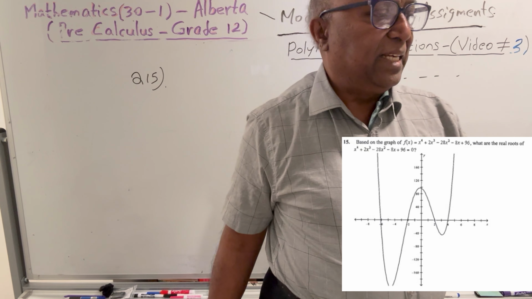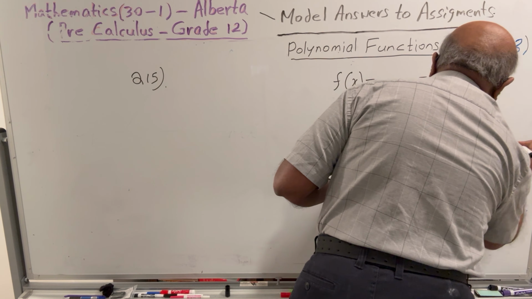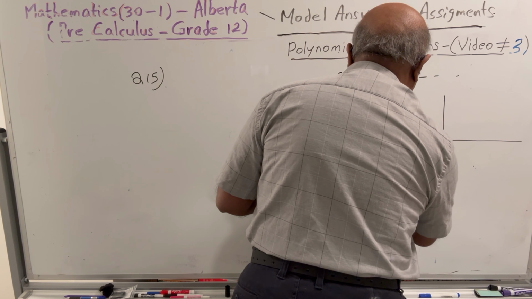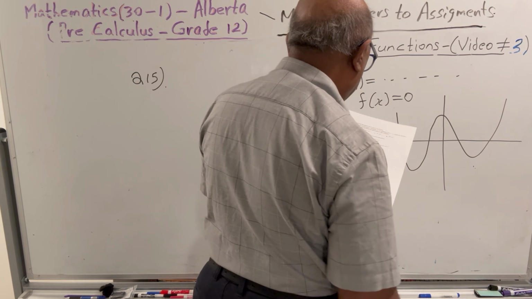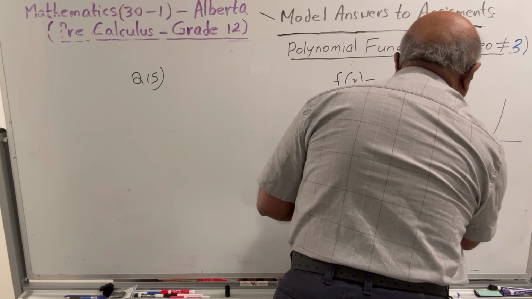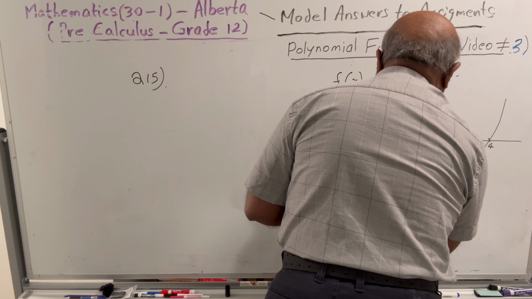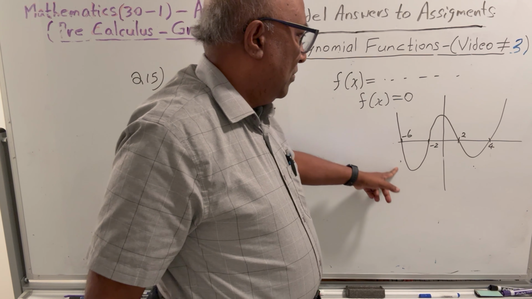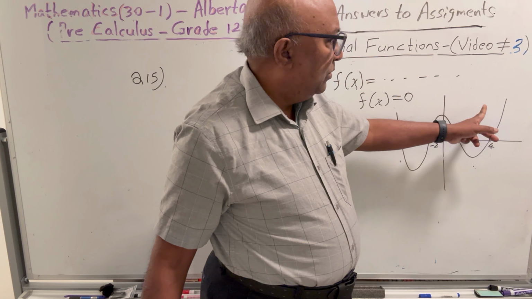The roots of f(x) equals 0 means the graph has been given. The graph is like that. From the graph, we can understand the x-intercepts: 4, 2, -2, -6. They have given the graph. This should be a fourth order power function with positive coefficient.